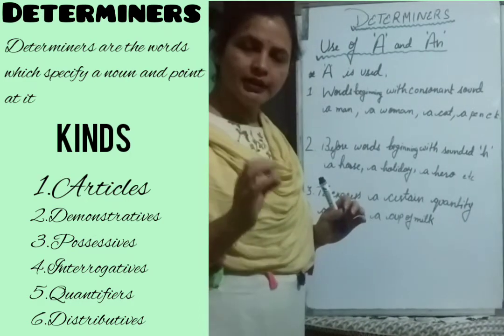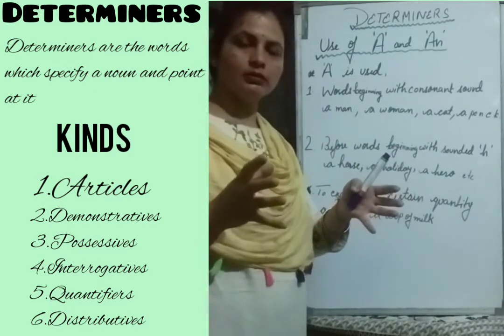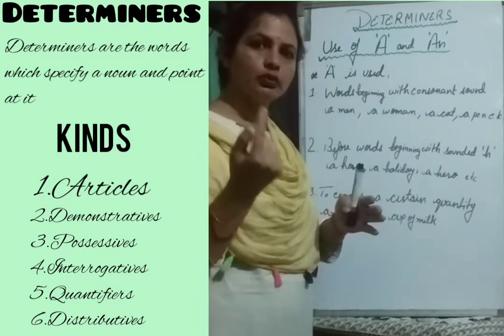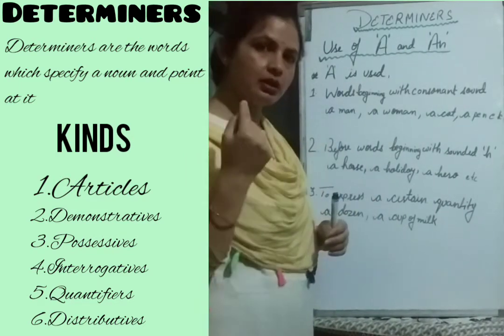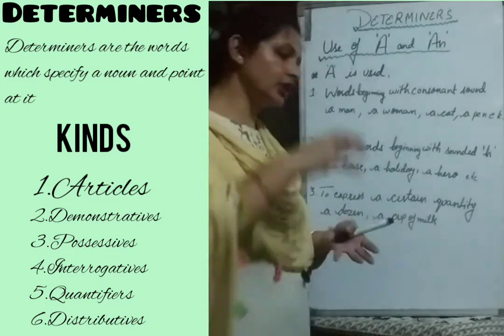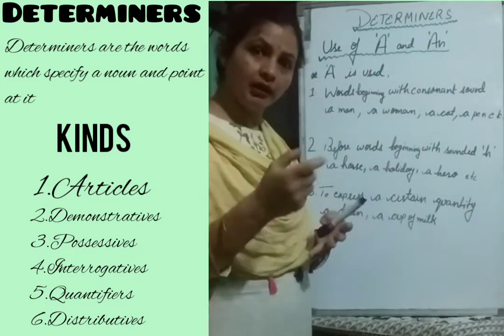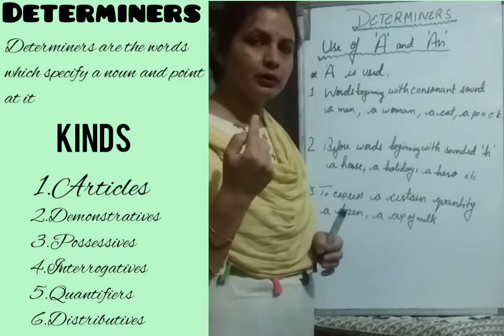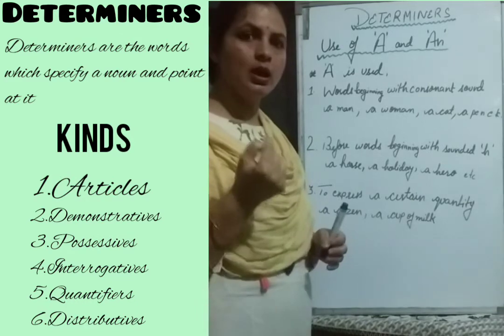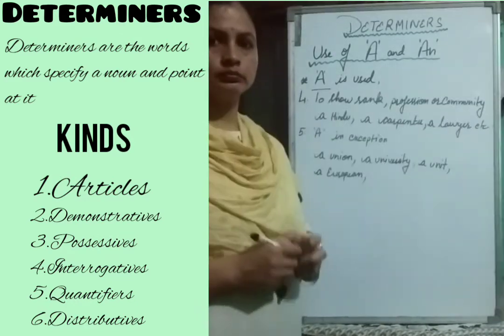A dozen means there are 12 bananas, but it is included as one unit. A cup of milk: we are not talking about how much milk is in the cup, but milk is poured in one cup. So we are talking here about one cup.